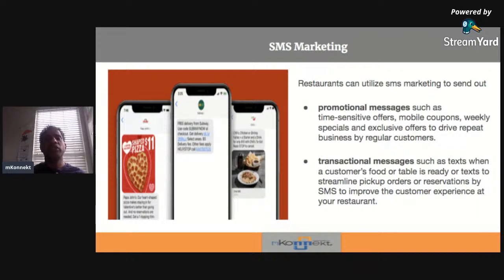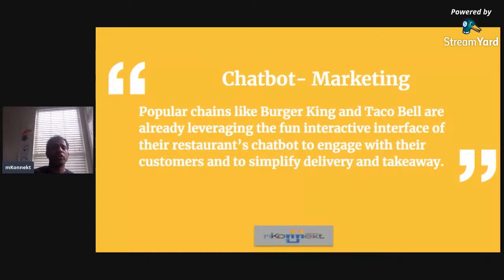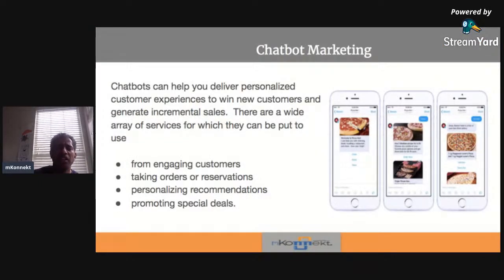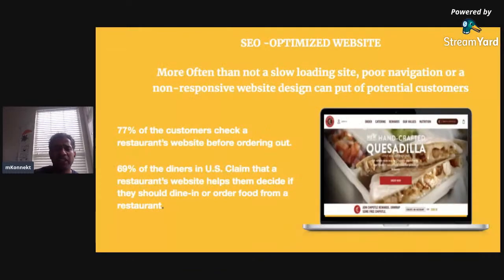That means you need to have very specific messaging that you can focus on. Again, we will talk about what the content should be, but make sure that you are focusing on these channels: your social media, your emails, your SMS, and within this, the chat bots, where you have the ability to interact with the customers.